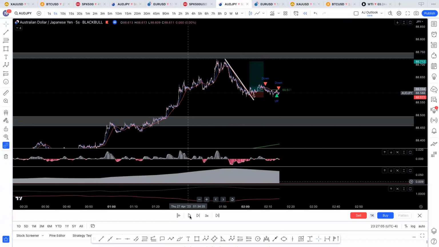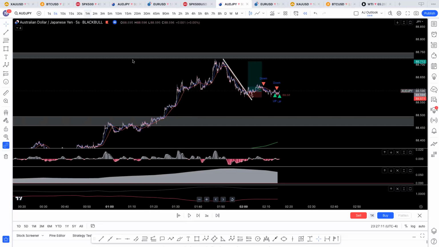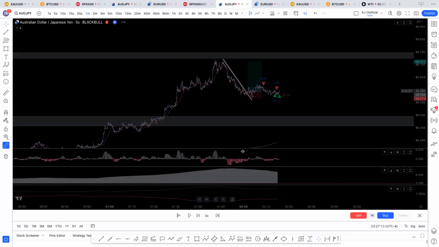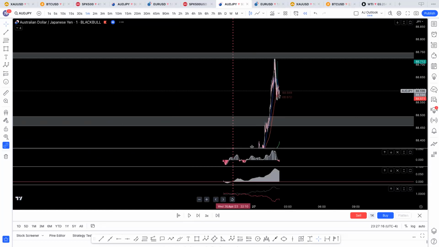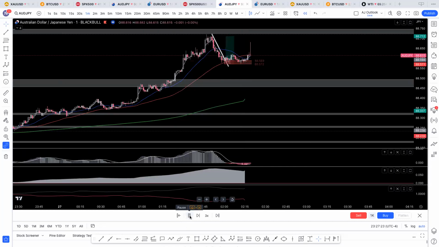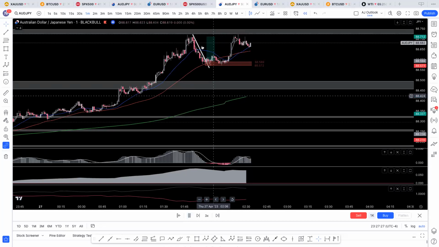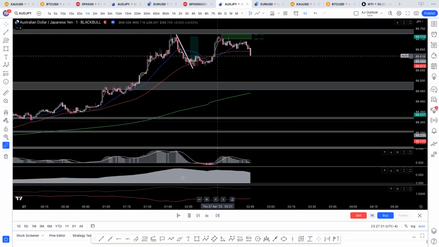However, standing firm on the analysis. Let me move up in time. And I was able to, at minimum, get my 1 to 1. It was 1 to 5, but at least my 1 to 1.